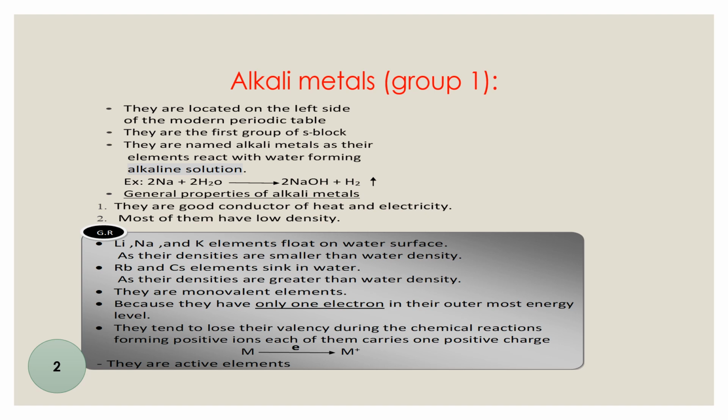Alkali metals are called monovalent elements. The answer, because they have 1 electron in the outermost energy level, and they tend to lose the valence electron during chemical reaction, forming positive ion that carries 1 positive charge. And they are active metals.